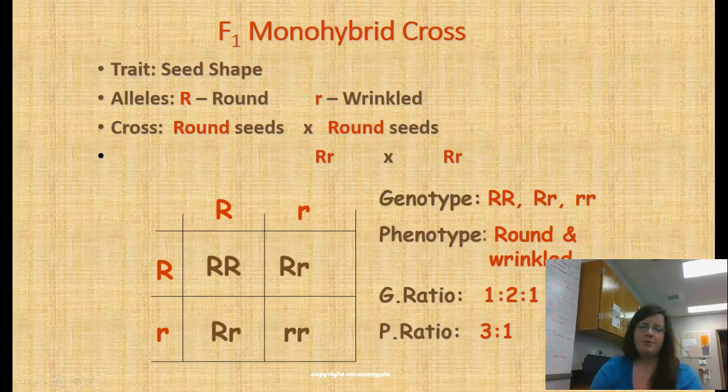So it's a 3:1 phenotype ratio. But if you look at the genotype, you have 1 big R, big R, 2 big R, little r's, and then 1 little r, little r. So your genotype ratio is 1 to 2 to 1.